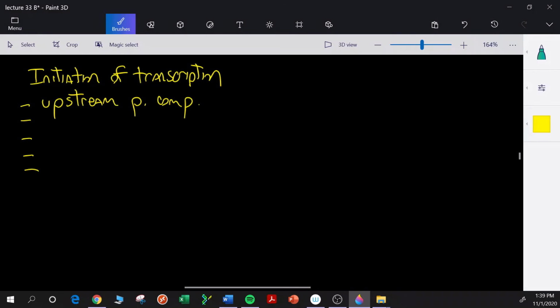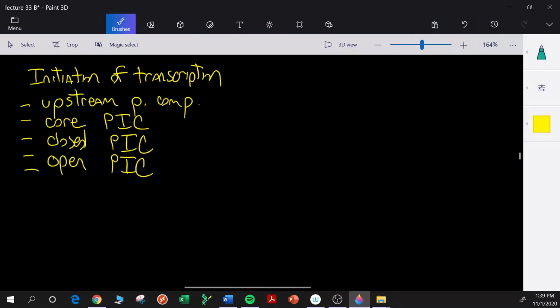After that, we will see what is called the core PIC, which is the core pre-initiation complex. Then we're going to have the closed PIC, where PIC is pre-initiation complex again, and then the open PIC. These names aren't critical. Different researchers come up with clever ways to name the different stages of how transcription is initiated, but we will use them because it helps organize the process.